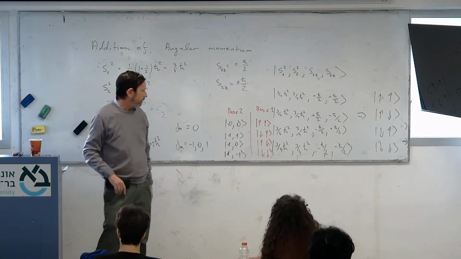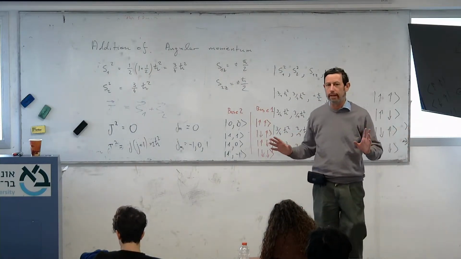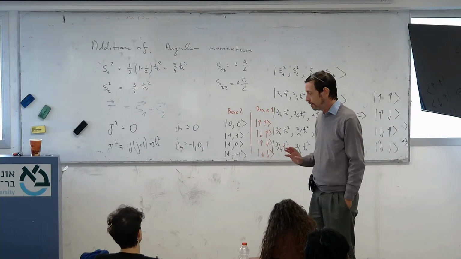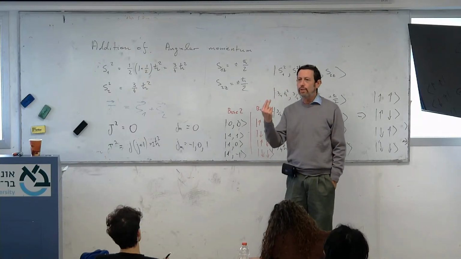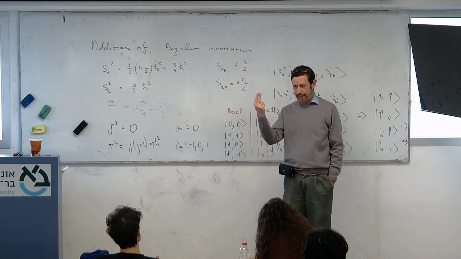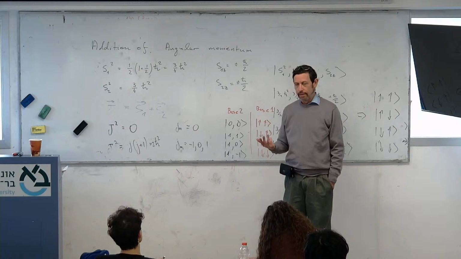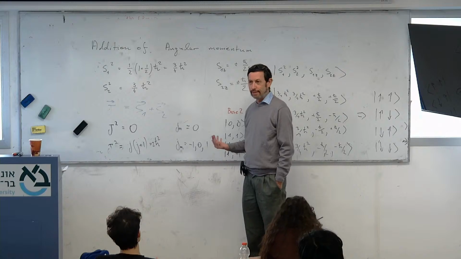Okay, and two of the base states, I can immediately identify the structure in the base. This one has two Z components, two contributions of Z components in the Z direction, right? Half and half. What will be Jm of this system?